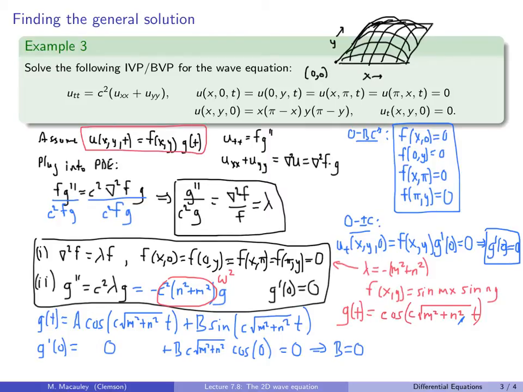We know that for every lambda of the form negative m squared plus n squared, we have a solution.